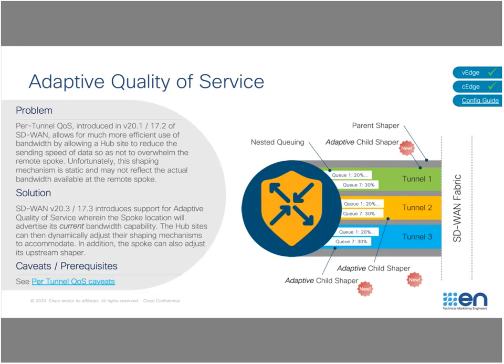We might only have 80 megs of available bandwidth at that given moment. That branch can actually advertise the bandwidth capability that it has to the hub location. And so now the hub location can shape or throttle its traffic even further in order to compensate for the fact that this is maybe a busy circuit right now, right? So again, the whole point here is that we avoid that far end drop.